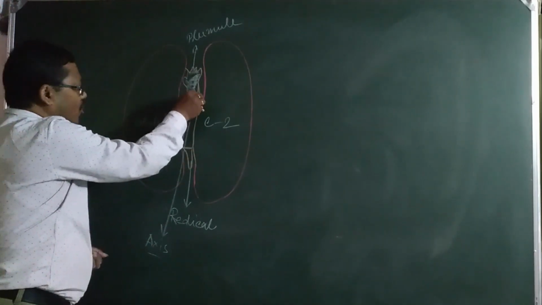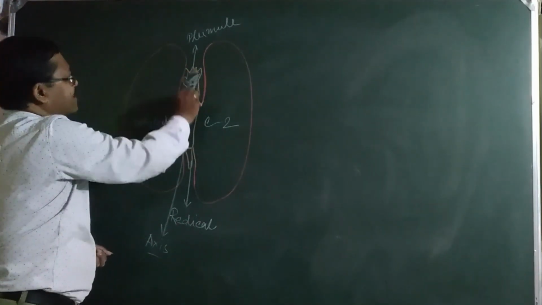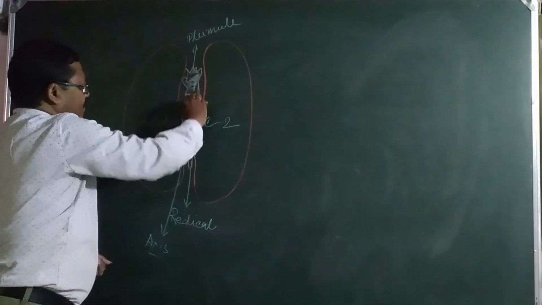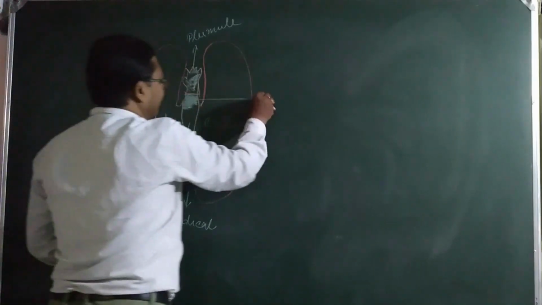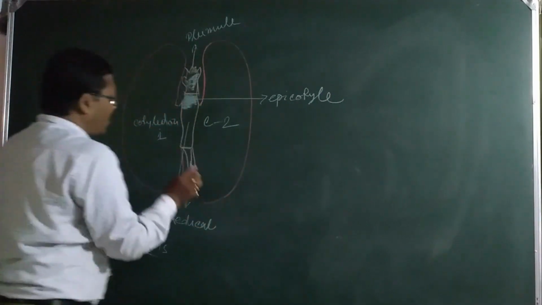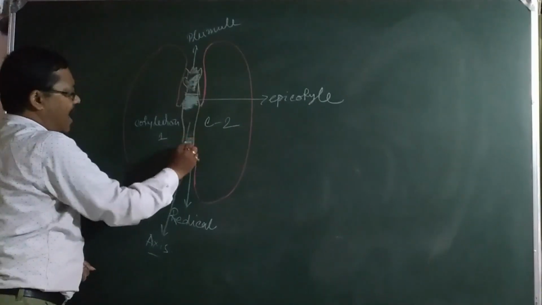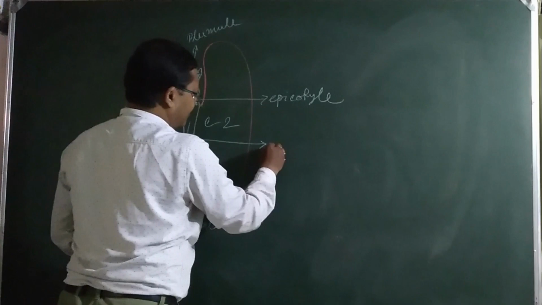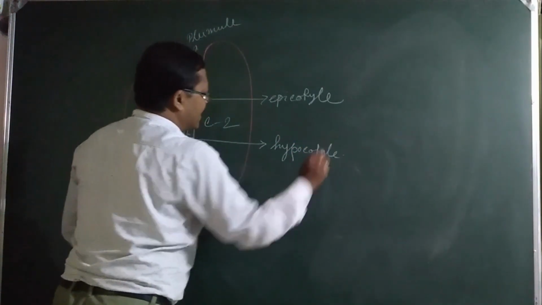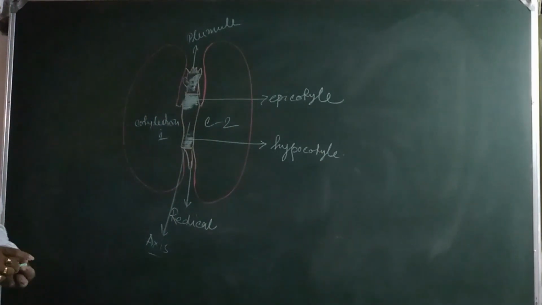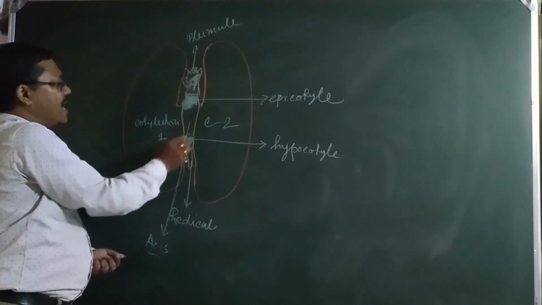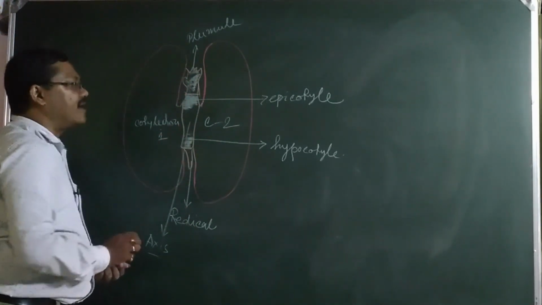The upper part of the embryonal axis, just adjacent to the plumule, is called the epicotyl, and the lower part of the axis is called the hypocotyl. The epicotyl is the part adjacent to the plumule, and the hypocotyl is the part adjacent to the radicle.